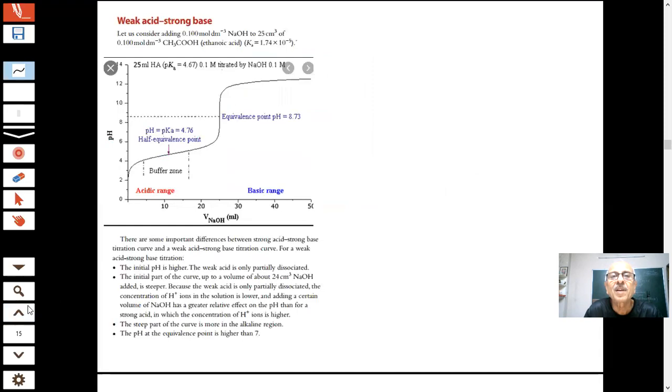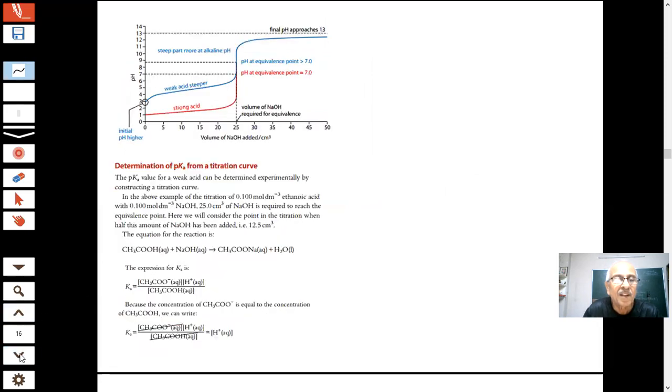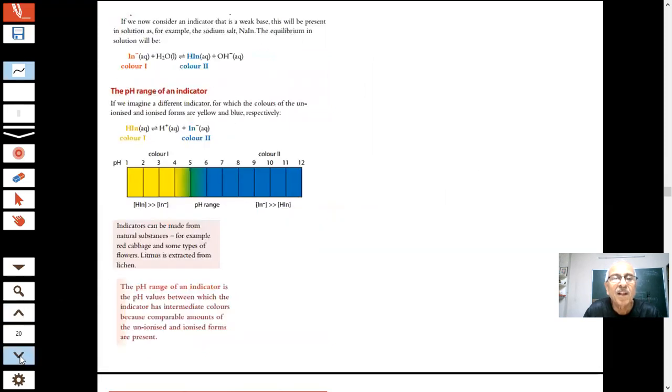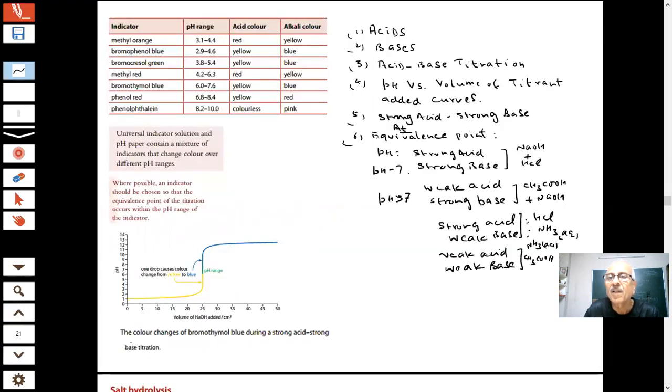How much was that? 8.73, you can see. Here you are getting a pH of 8.73 at the equivalence point.